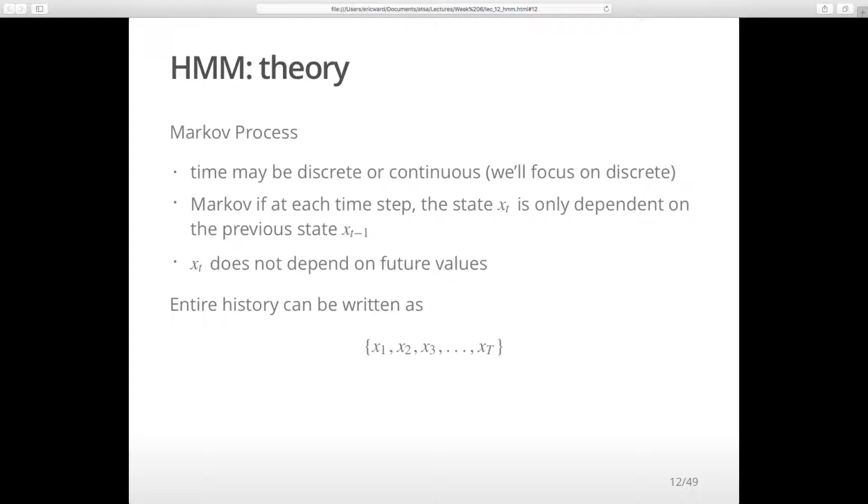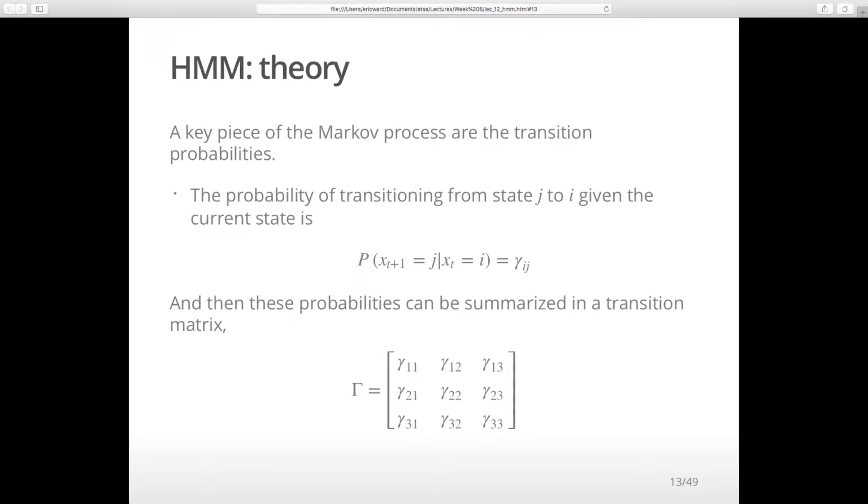So we can take our time series and write it down as this vector, where x is indexed from 1 to capital T, where T is the length of the time series. One of the key features of HMMs that make these models different from conventional state space models or multivariate models like DFA or DLMs that we've used in this class is that we have to characterize or estimate the probability of transitioning between different underlying states.